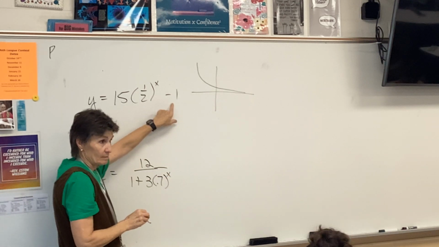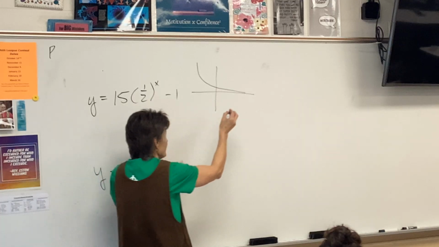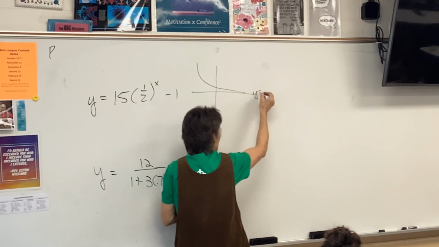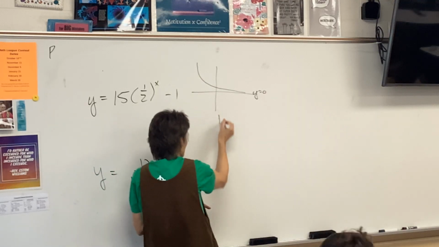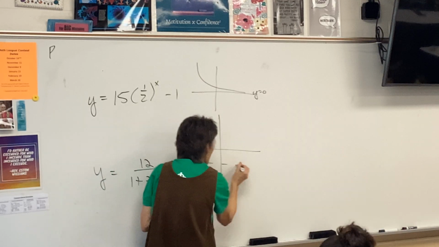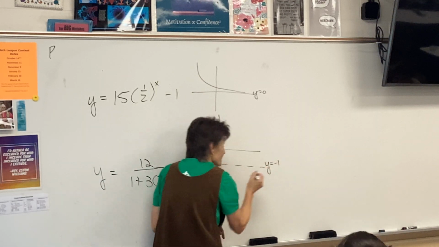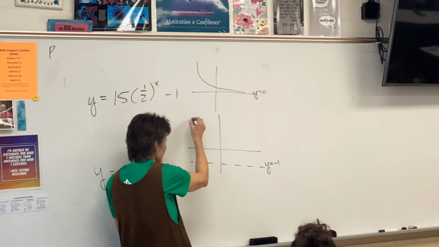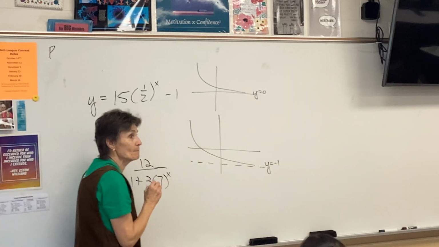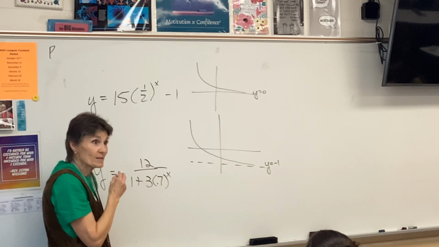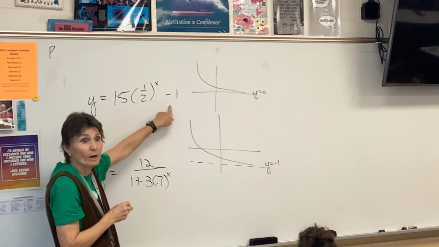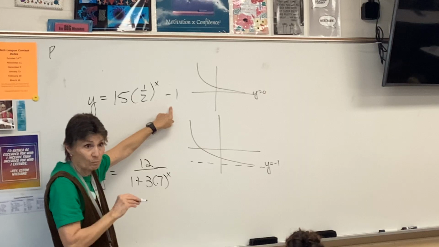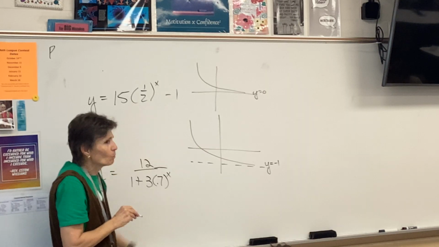But normally the asymptote would be right here on the axis, but now we've dropped it down 1. So now the asymptote is at -1. For this problem right here, the asymptote's at y equals -1. Now how do I find the y-intercept?